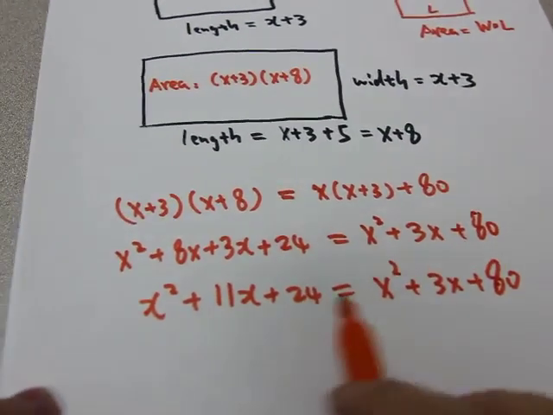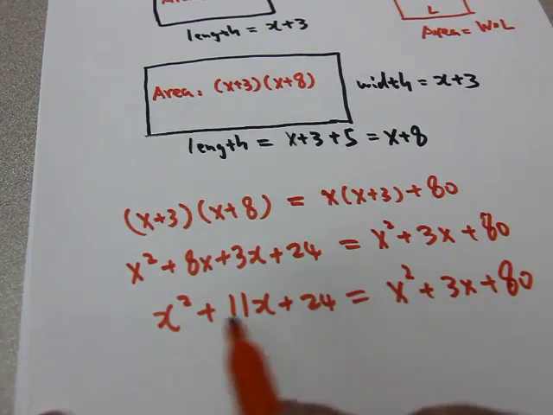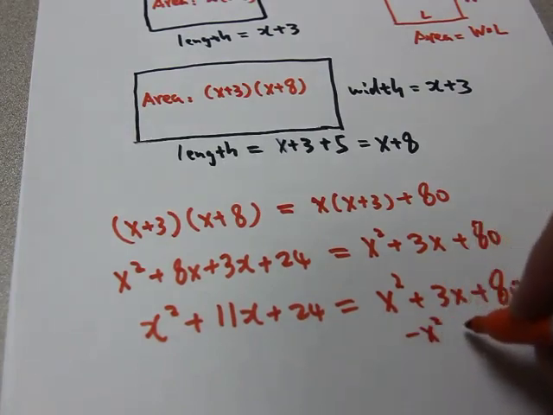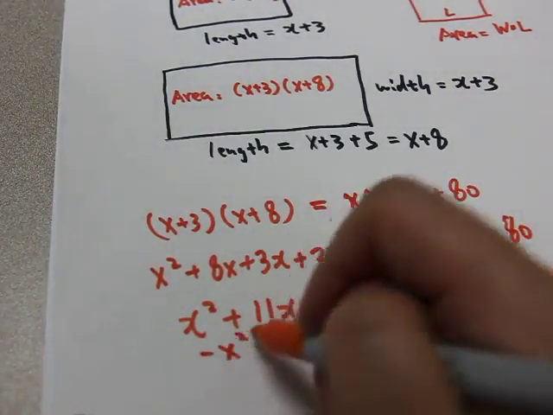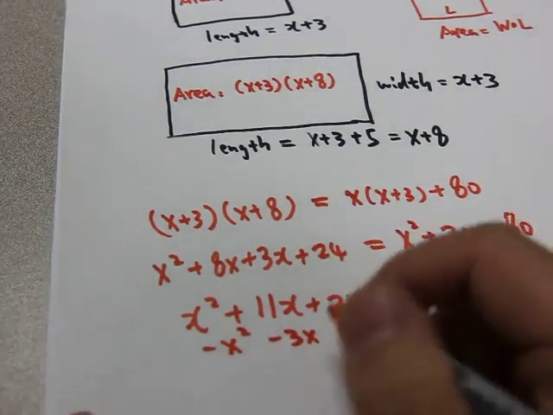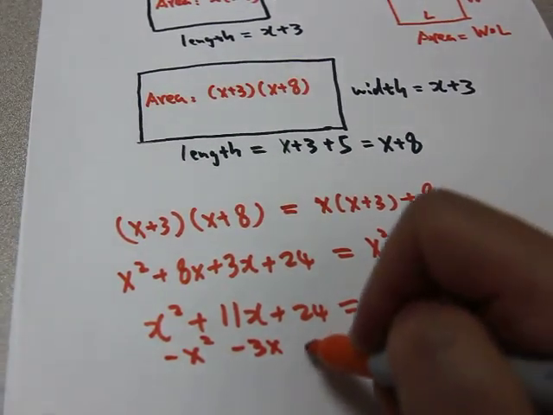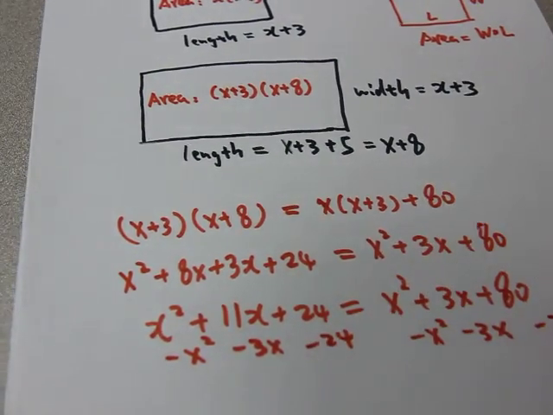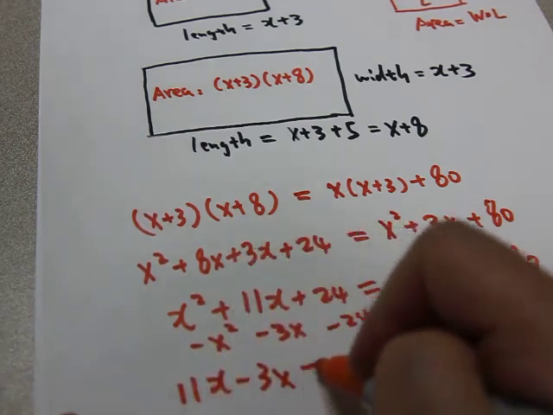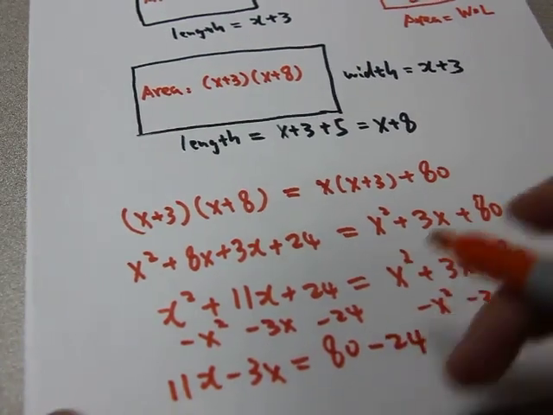Okay. Now, if I want to take all the x terms to the left, I can subtract x squared, and then I subtract 3x. And to take this number 24 to the right, I subtract 24. So I have 11x minus 3x equals 80 minus 24.